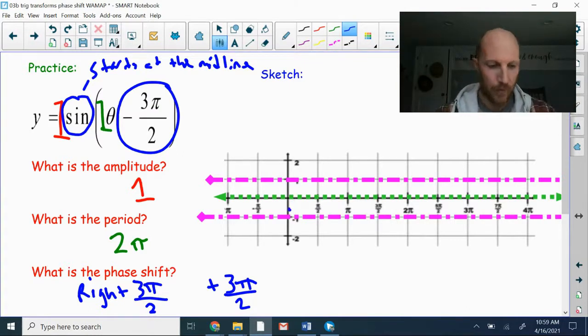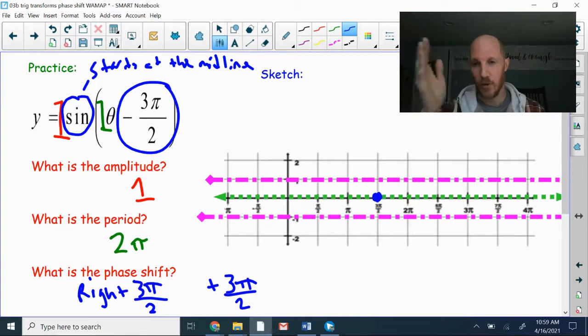I'm looking for the midline at the y-axis, except there's a phase shift. So instead of beginning at the y-axis, I'm going to shift to the right by 3 pi over 2. There is my first point. Okay, so I'm going to draw my waveform starting at the midline and then going up to the maximum first. So I just need to shift everything to the right by 3 pi over 2.